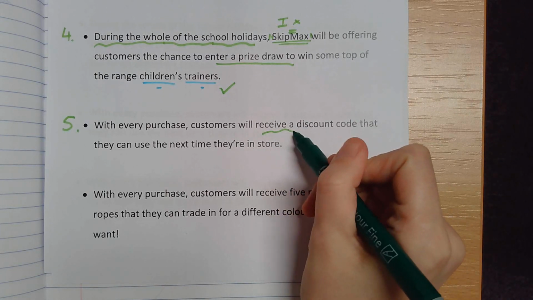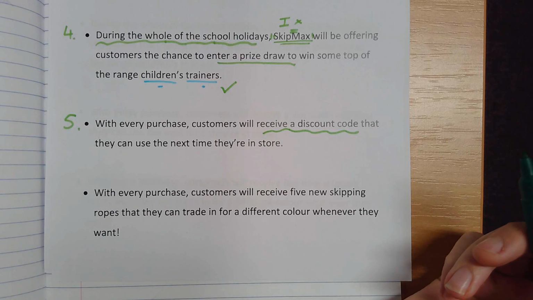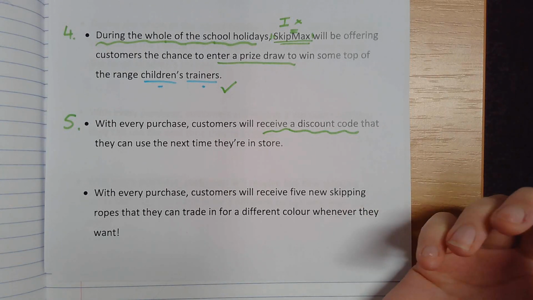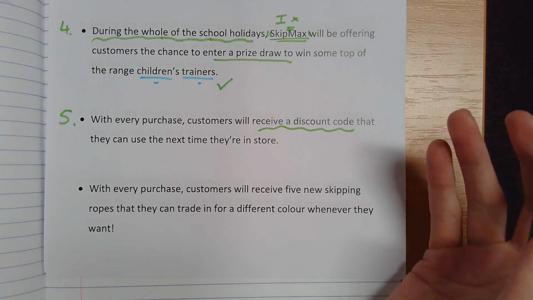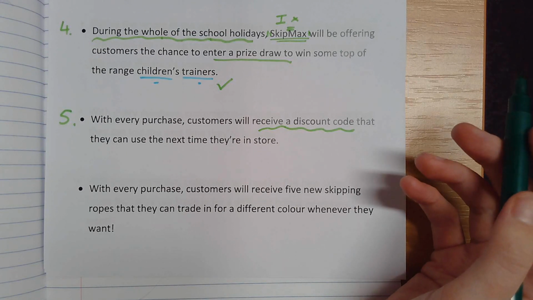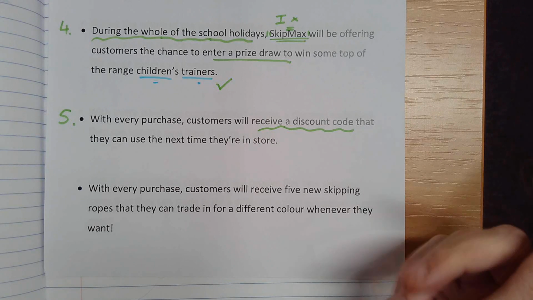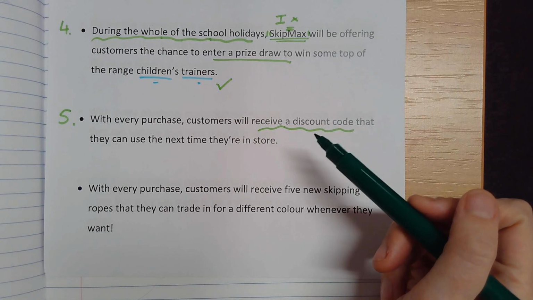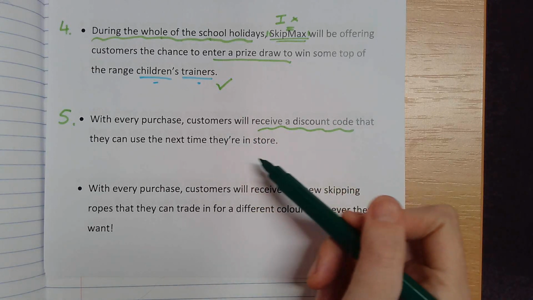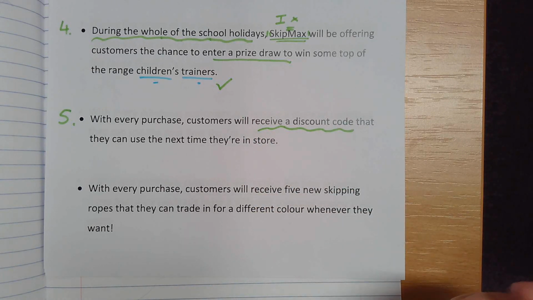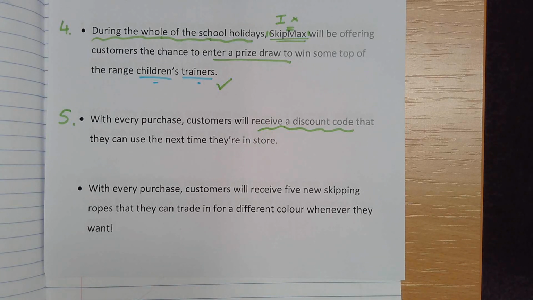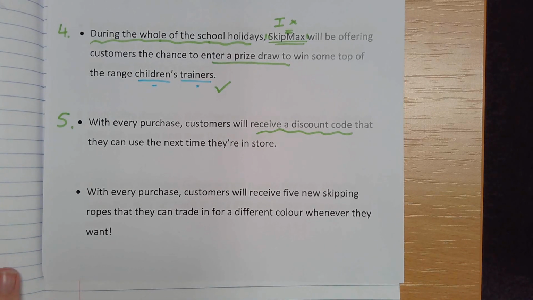Yes, I think this one is an effective offer actually, because the discount code means that parents and carers will have the flexibility to buy whatever they want when they're in store. And that might appeal to them, especially if they don't want another skipping rope. Again, it's quite realistic. They know they've shopped in that store before, so they'd probably like the chance to receive a discount code, which means they get money off on another product of their choice.